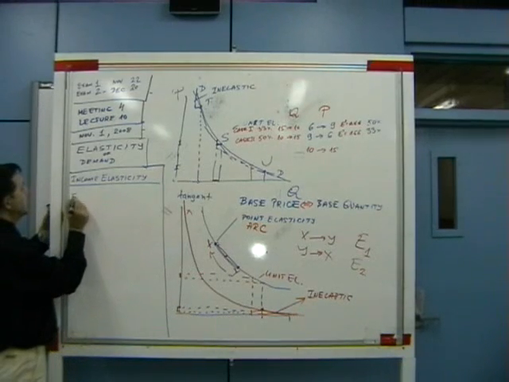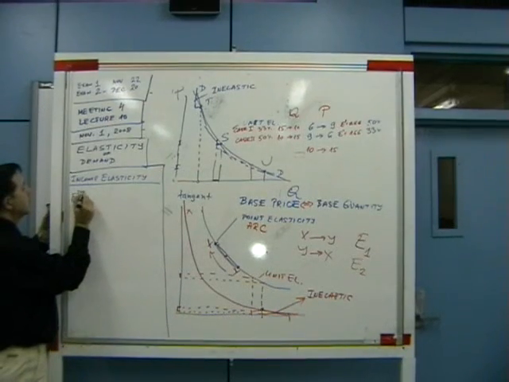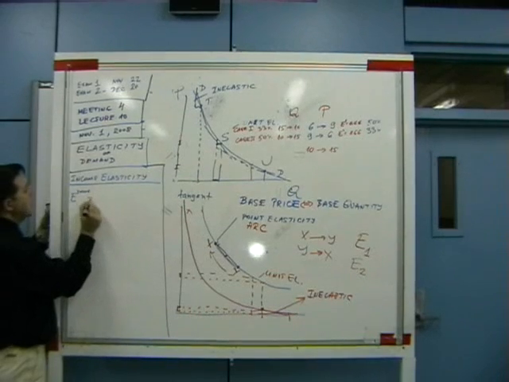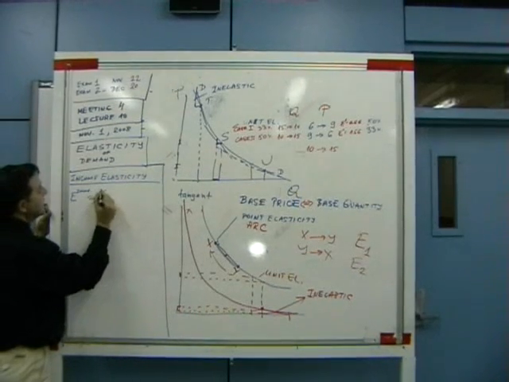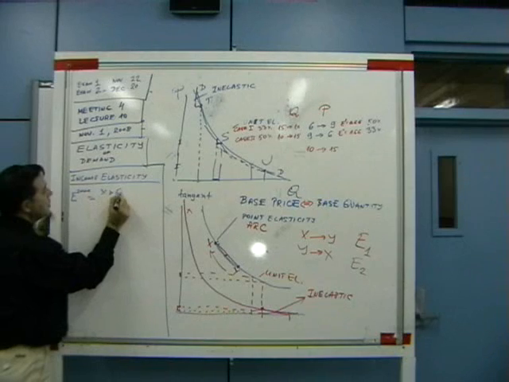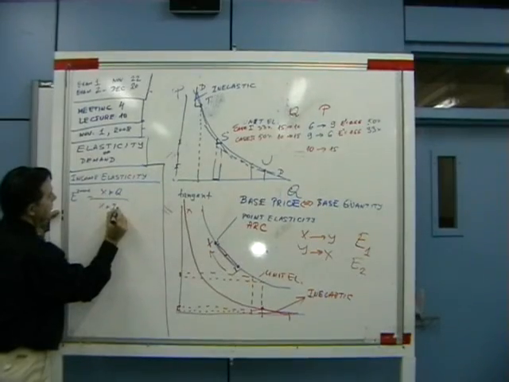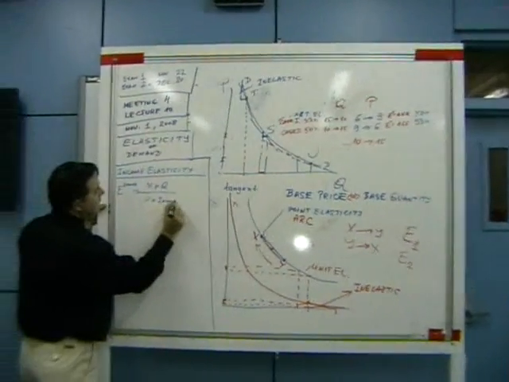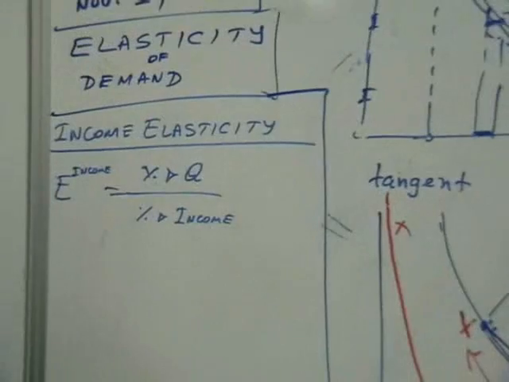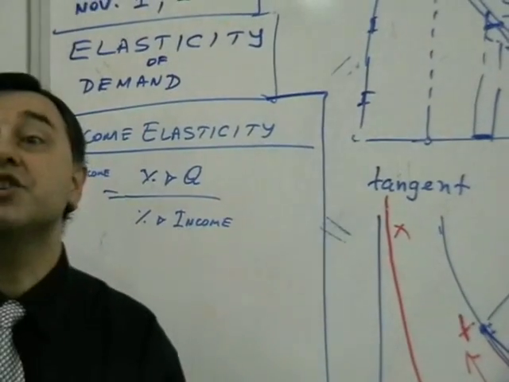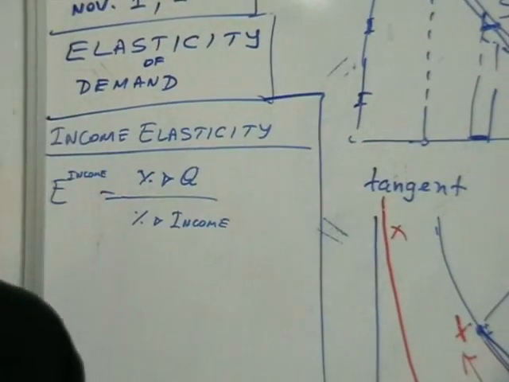So income elasticity will be the percentage change in quantity divided by the percentage change in income. Okay? It's fairly straightforward.